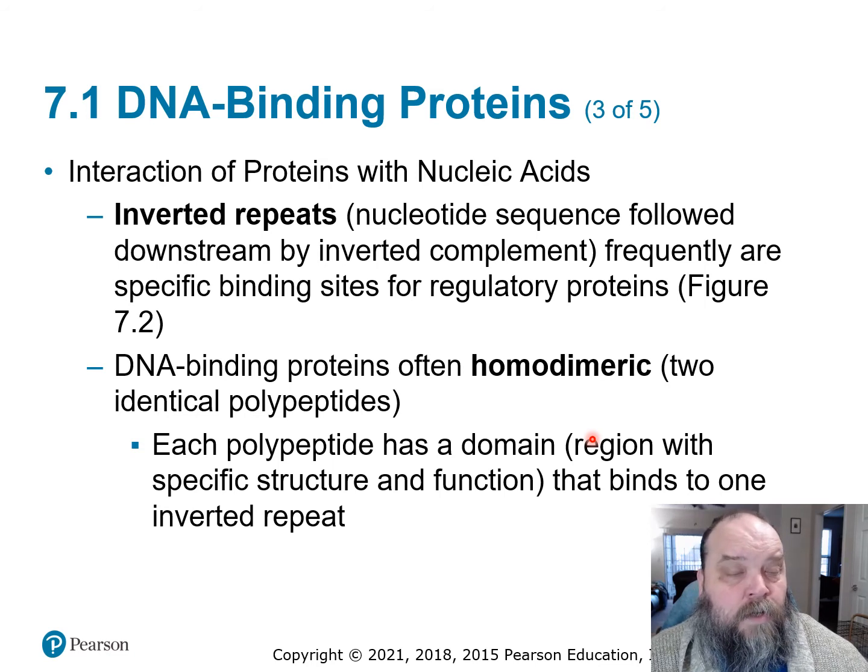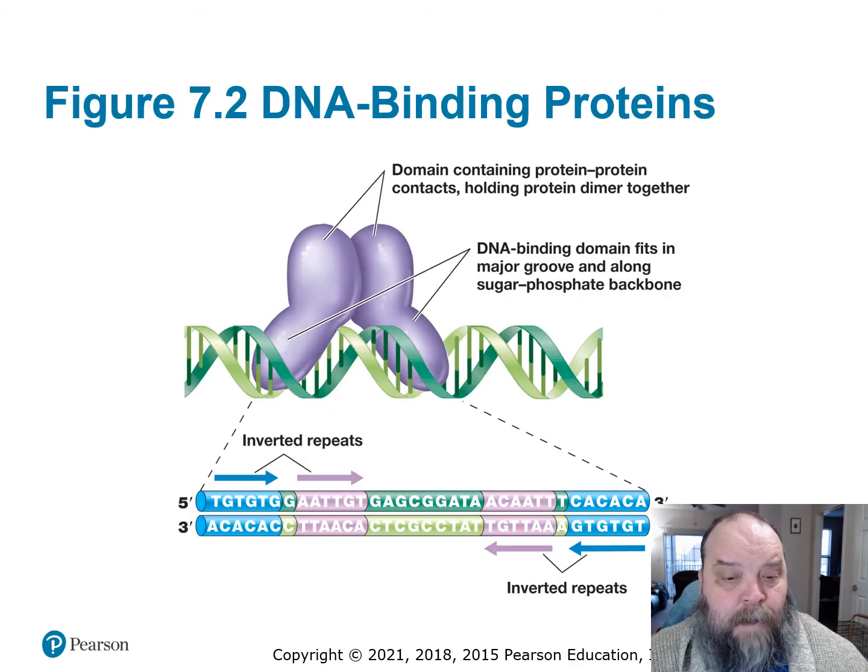The quaternary structure is two polypeptides, two copies of the same exact polypeptide, as you see right here. Two copies that will bind, interact, and insert into the major groove, minor groove. See how tight the minor groove is, and the major groove is the wider apart groove.